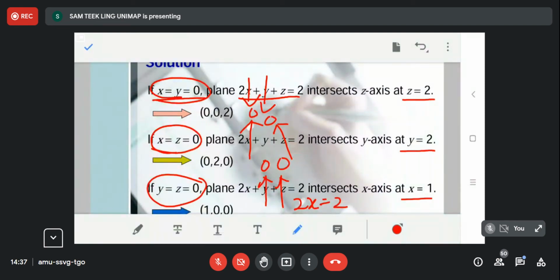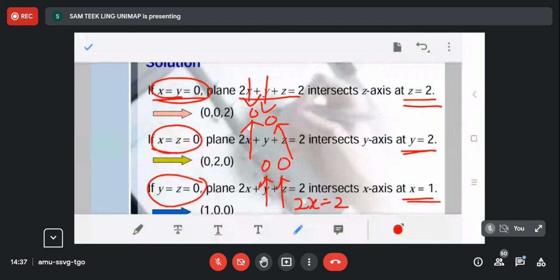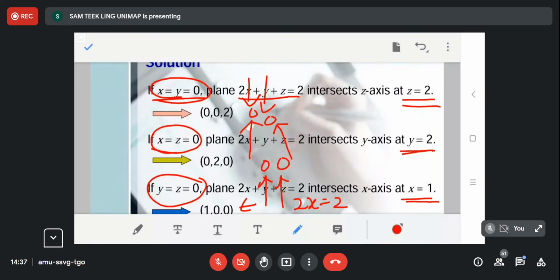So you can see my z is 2, my y is 2, my x is 1. You can see the point 1, 0, 0. That one is the x value. So x is 1.